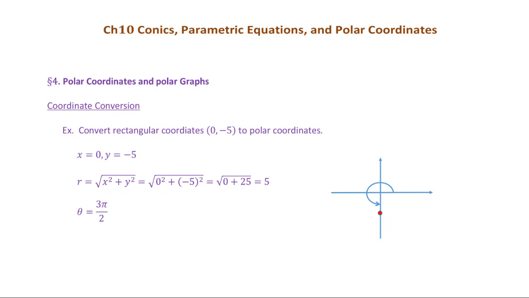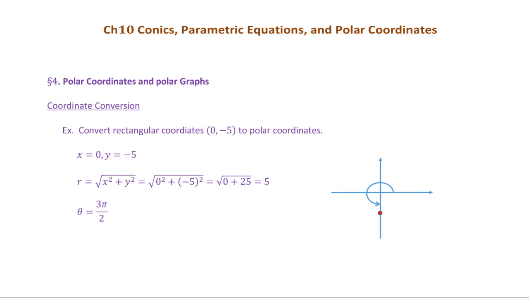So we just use the formula r equal to square root of x squared plus y squared. So you get 0 squared plus -5 squared inside the radical. Obviously, you get 0 squared equal to 0 and -5 squared equal to 25. So you add them, you get 25, and take the root, you get 5. So r equal to 5.